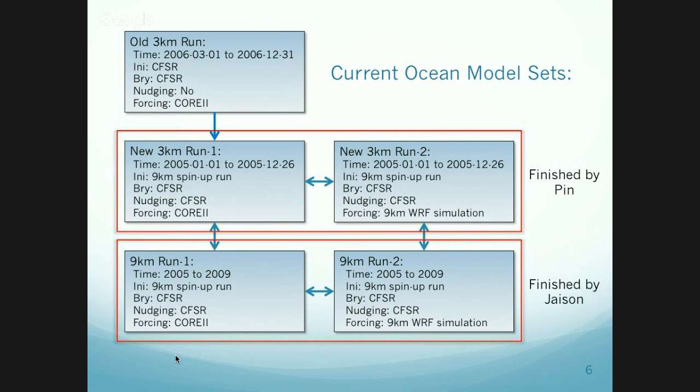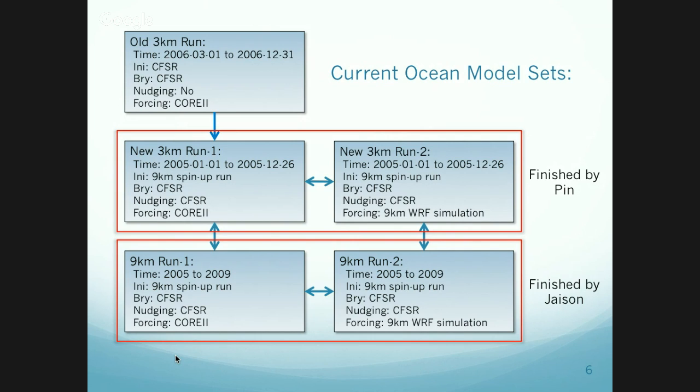Comparing with these two, the major difference is that the forcing is different. For this one, for the atmospheric forcing, we use 9-kilometer WRF simulation results. So the forcing is from WRF. It's actually model results that we're using for this particular model.